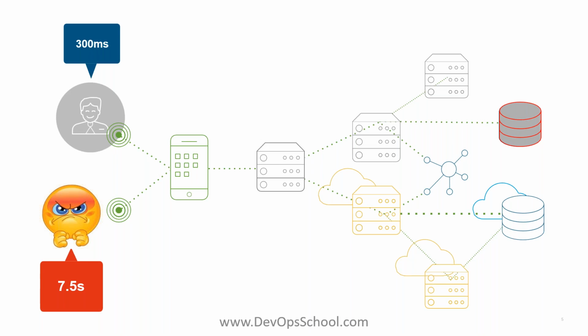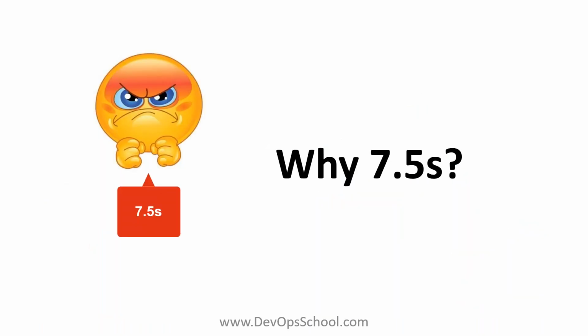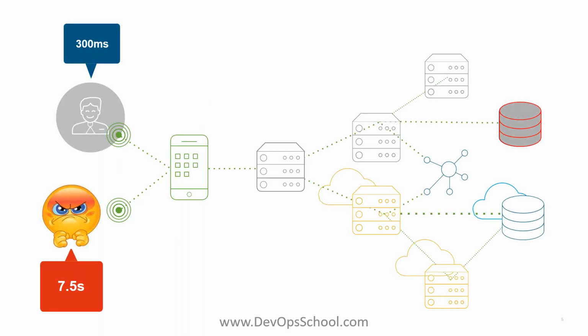So now what is your work in this APM? Your work is to find out why 7.5 seconds for certain users. Where did it go wrong? Is there a problem with the browser, devices, region, internet ISPs, web server, load balancer, app server, database, some code issues? Network calls, third-party libraries like payment gateways? Where is the problem?